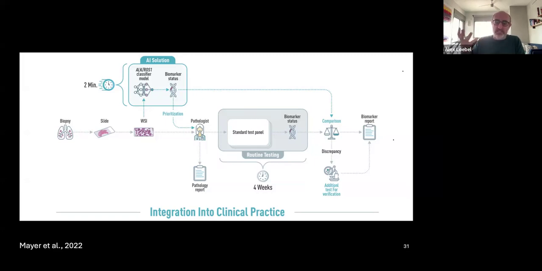So the idea is that the embeddings I get from this model include not only the morphological aspects of the patient's whole slide image, they also predict transcriptomics information of that patient. This is the next generation of foundation models, and it just came out about a month ago.